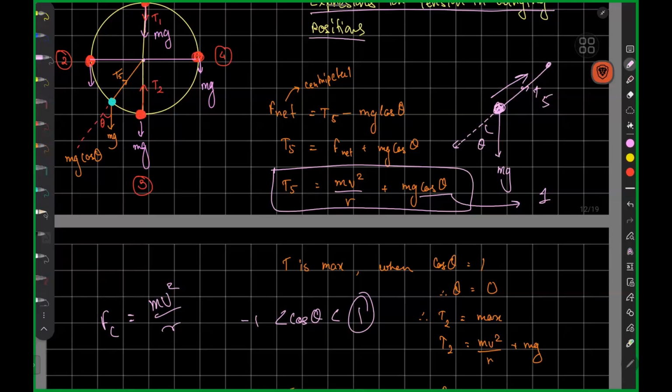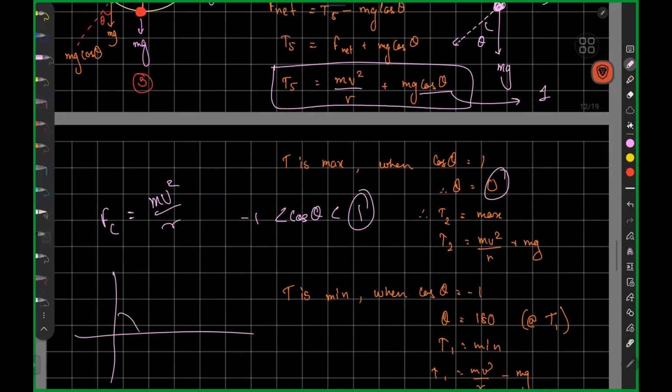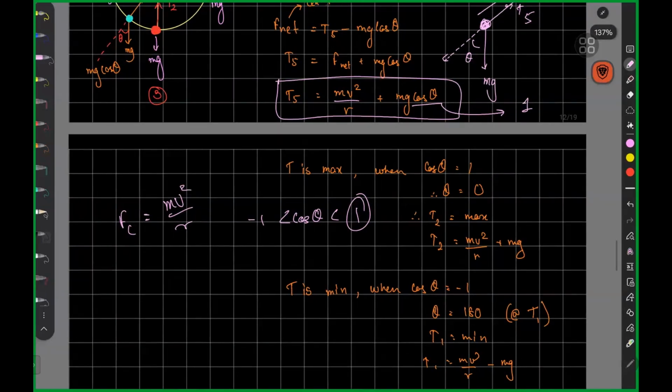And for cos theta to be 1, what should theta be? 0. Again, coming back to the cos theta curve, when is cos theta 1? Theta equals 0, or theta equals 360, which is the same thing. So theta is 0, cos theta is 1, and that is exactly when tension is max.